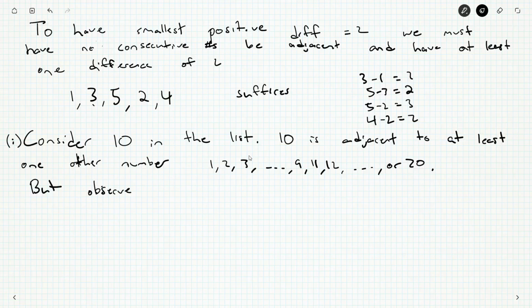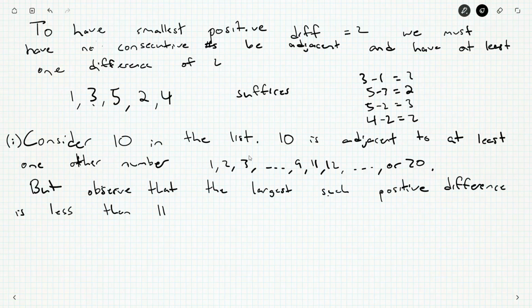But observe that the largest such positive difference is less than 11.